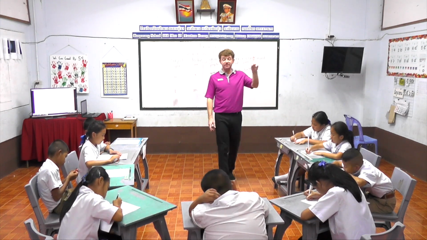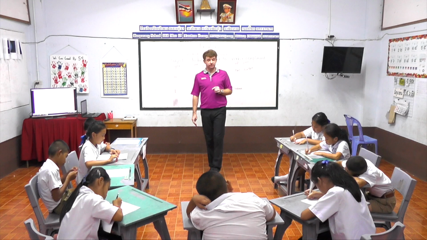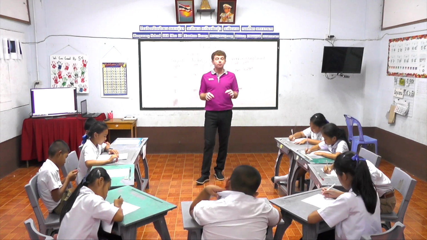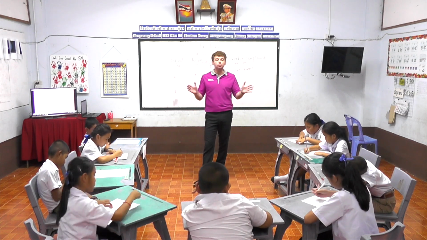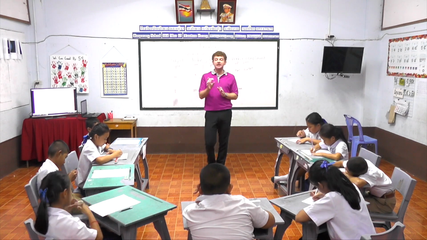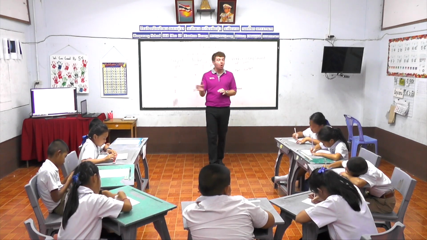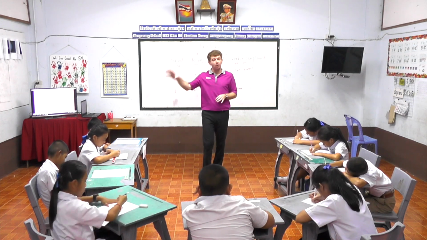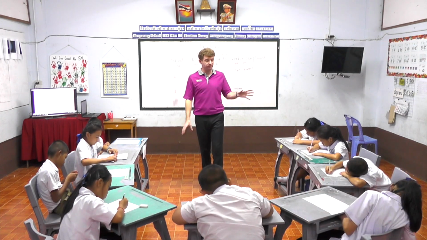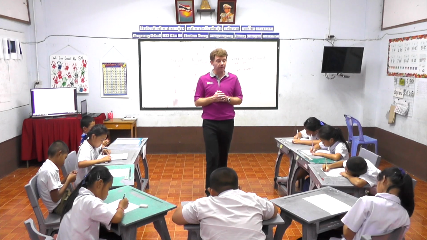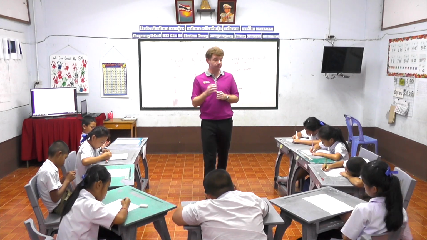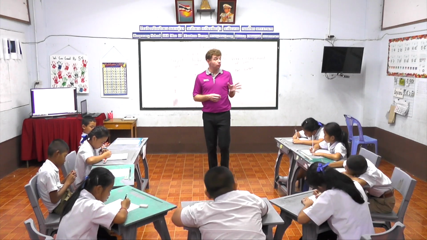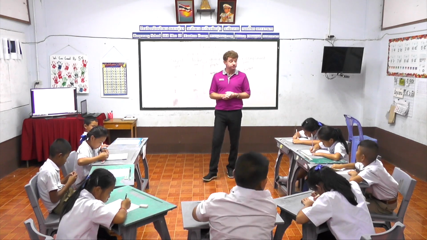So first activity, guys, contractions. You have the sentence, but instead of is not, use isn't. Instead of are not, use aren't. And then the second activity, change the positive into the negative, like we've practiced on the board earlier, using the word not. Anything you're not sure about, let me know.